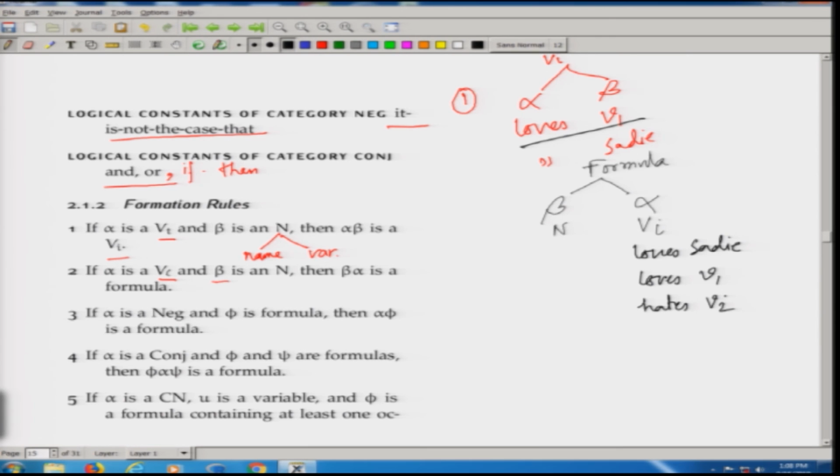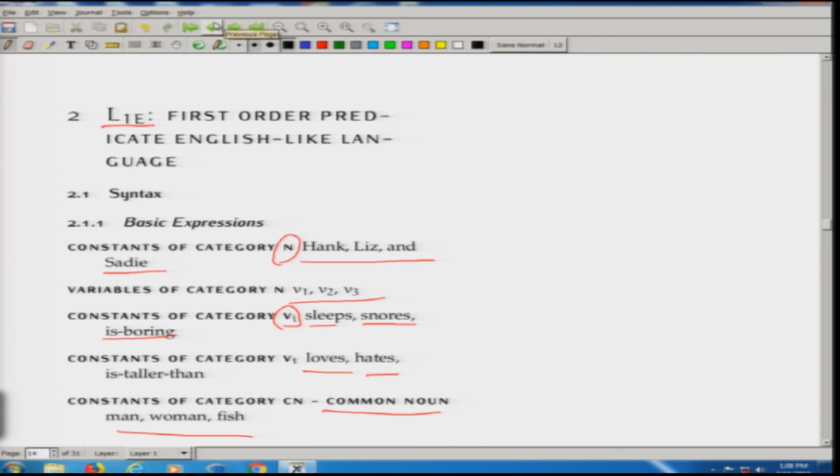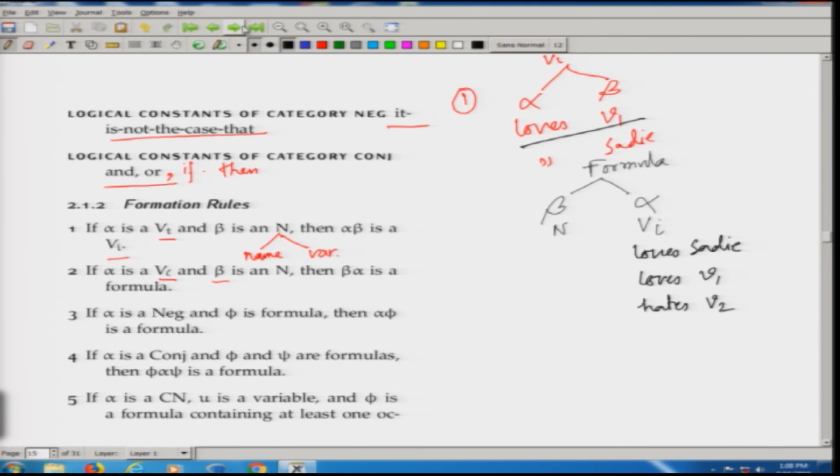That is one Vi which is constructed, and also you have a natural Vi like sleeps or snores. So we just write that also. So snores also will be one Vi or sleeps. And for n we take Hank, anything we can take.